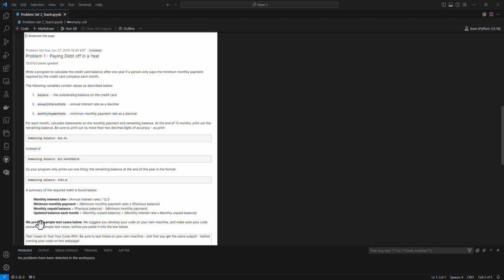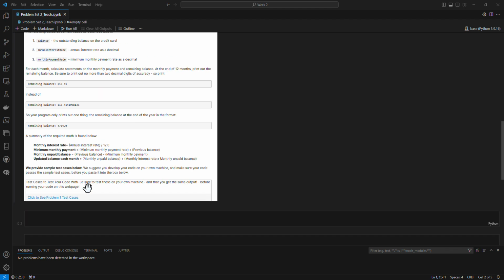We calculate the monthly unpaid balance using the previous balance and minimum monthly payment, and you have your updated balance each month: the monthly unpaid balance plus monthly interest rate times monthly unpaid balance. And that's how we do this.